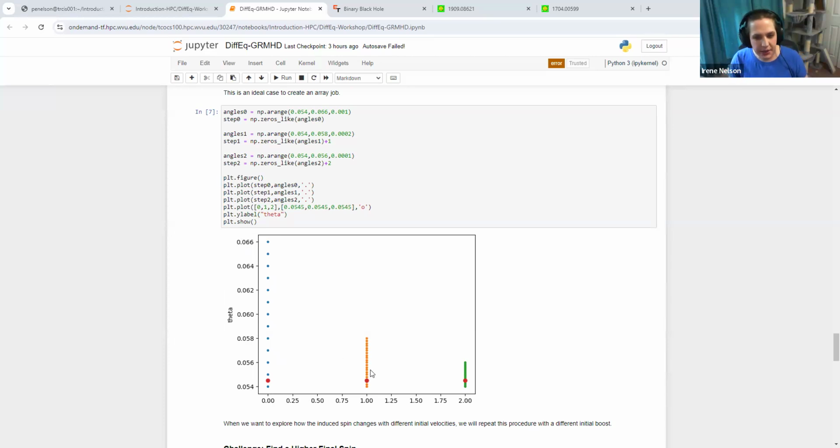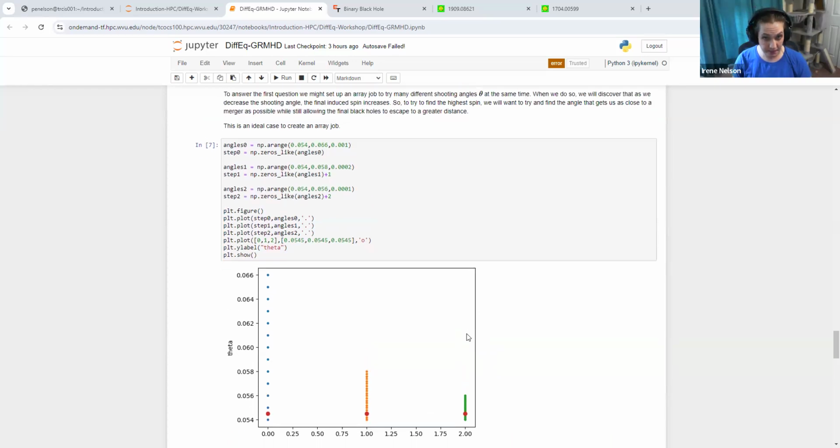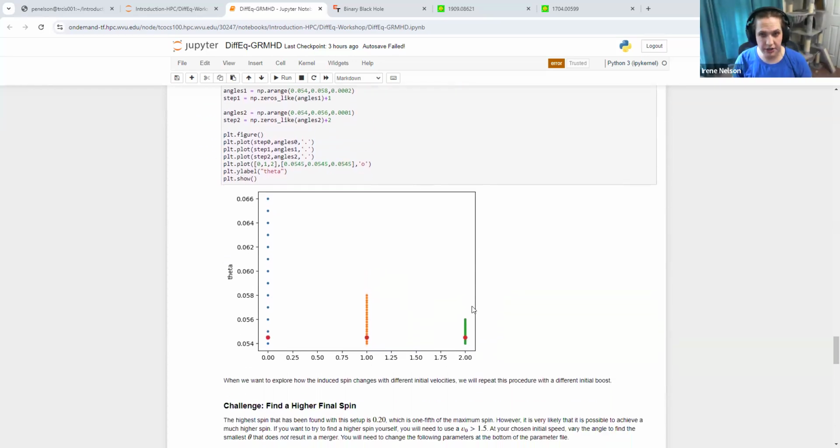So then we can submit further array jobs trying to refine that and getting closer and closer to that merger to get more and more data out of this. So, running just a basic search algorithm.